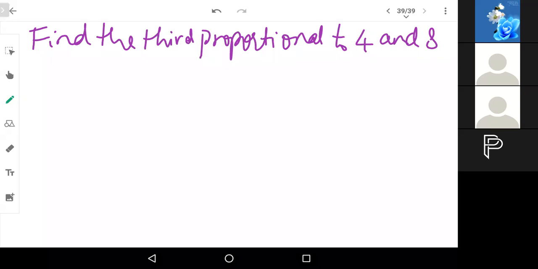What will be the x value? X is equal to 16. Everybody got 16? Very good.